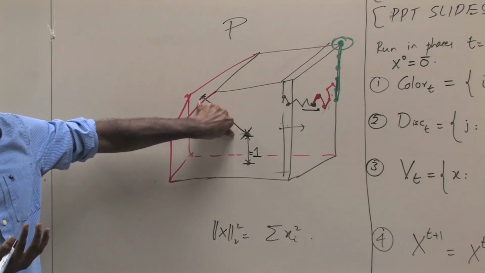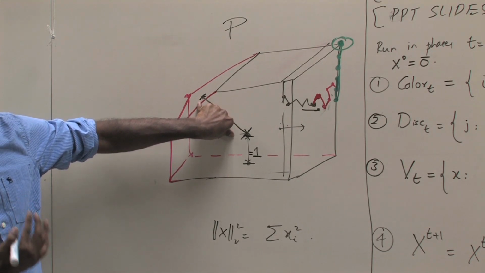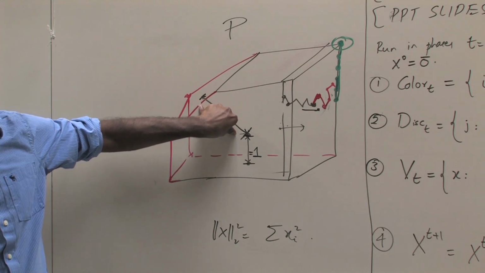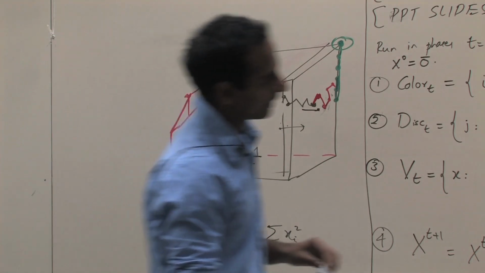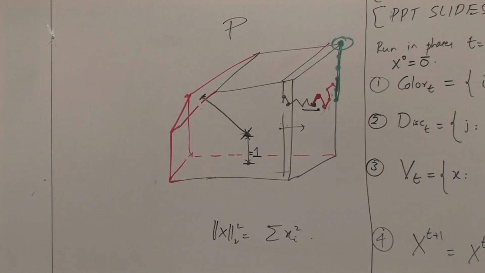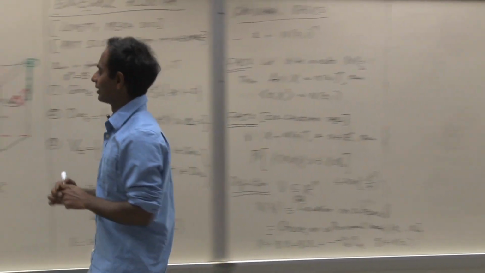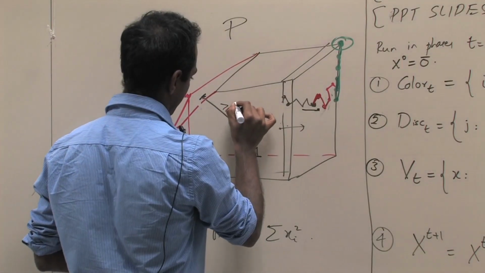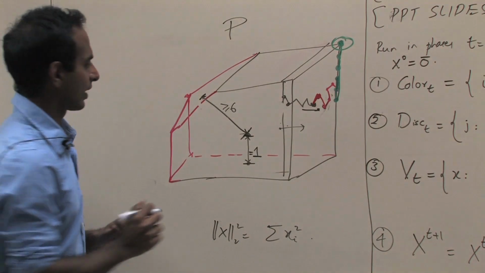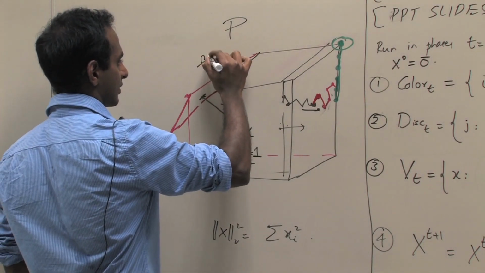I want a lower bound. I want to say this length is at least something. Well, we know that the inner product is at most 6 times root n, and the length of the vector Vj is at most root n, so the length of this perpendicular should be at least 6, because this is the face.